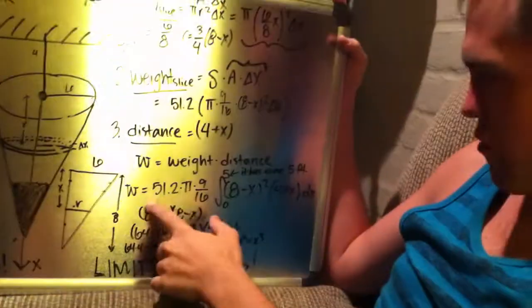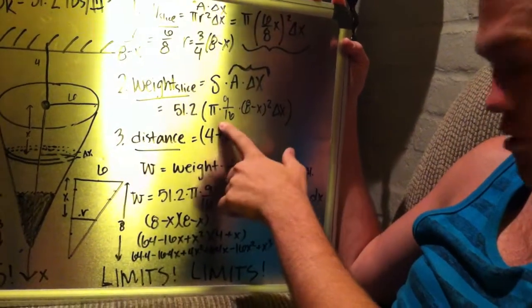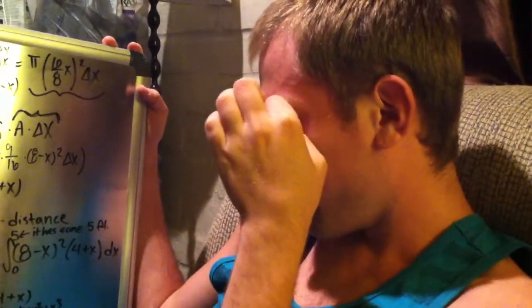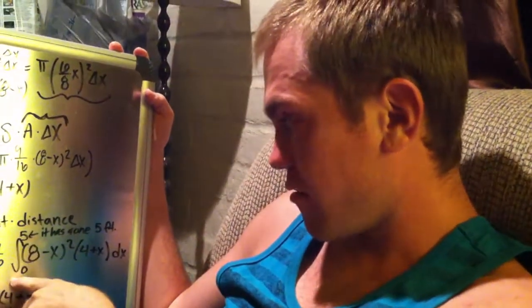So, W. Let's move here. Can you move the board down? Yeah. W equals 51.2. That's our given. 51.2 times pi times 9/16. So we saw that here, remember? And is that the squiggly thing, or is that function?